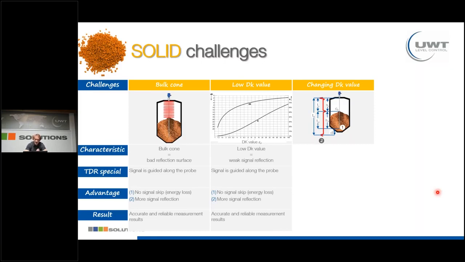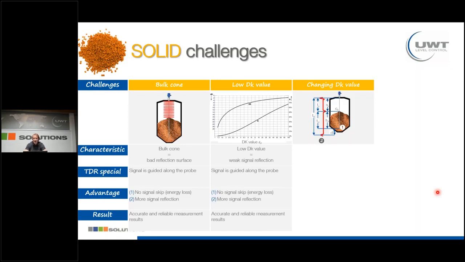What's the advantage of TDR? TDR sensors guide the signal along the probe. We do not lose any energy to reflections due to this bulk cone. And for the lower decay values, this is important because you need as much energy as possible to get back to the sensor. The more energy that gets back, and is not lost due to bulk cone reflection, reflected away and never reaching the sensor electronics, the better.